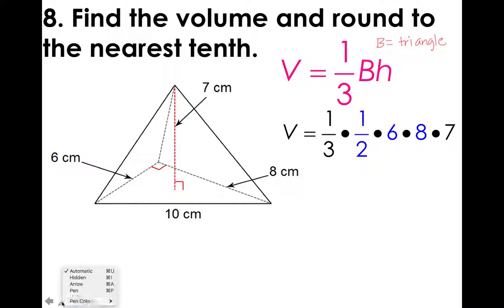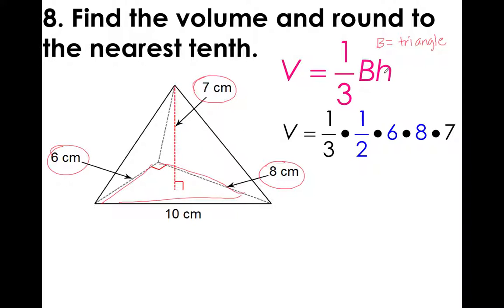But let's make sure we understand what things represent what. Remember, this 6 represents the base of this triangle because that's what we have right here. The 8 represents the height of that triangle. And the 7 represents the height of the figure itself. Now, notice there's a 10 right here. Well, that 10 represents the hypotenuse. And remember, the hypotenuse can't be the height of a triangle.